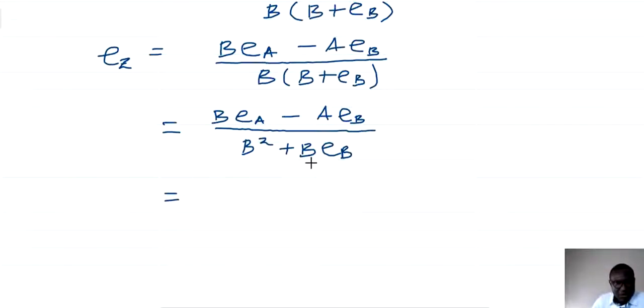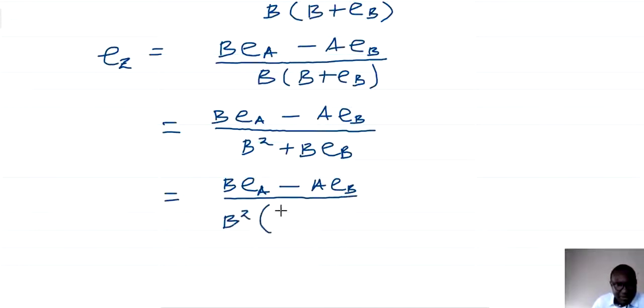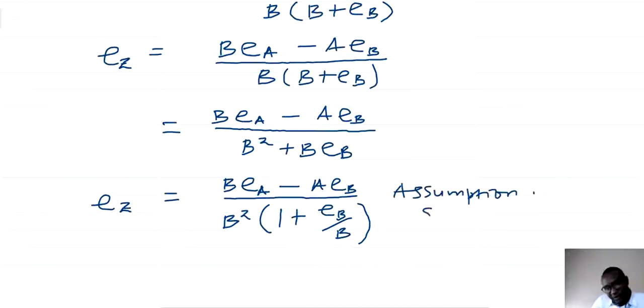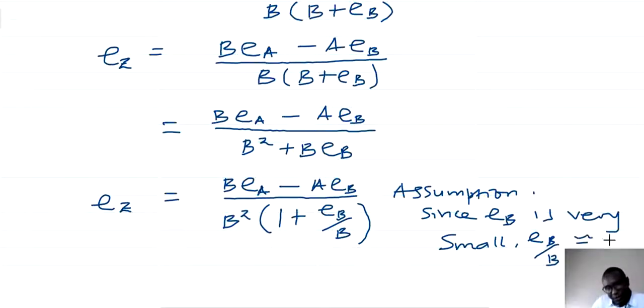So next I'm going to pull out B squared from the denominator. So I will have B error A minus capital A error B all over B squared, and I will remain with 1 plus error B divided by B. Okay, this is EB over B. Now the assumption here, since EB is very small, so getting a smaller thing divided by a big thing, we shall have to approximate this term to 0.